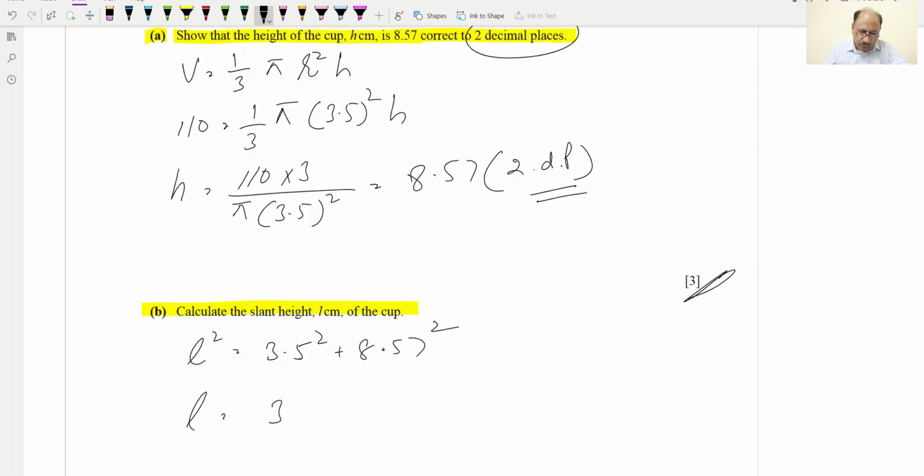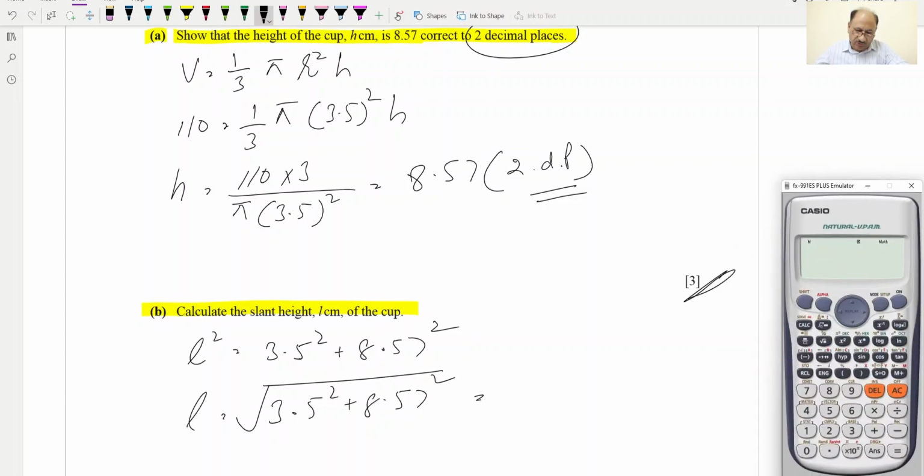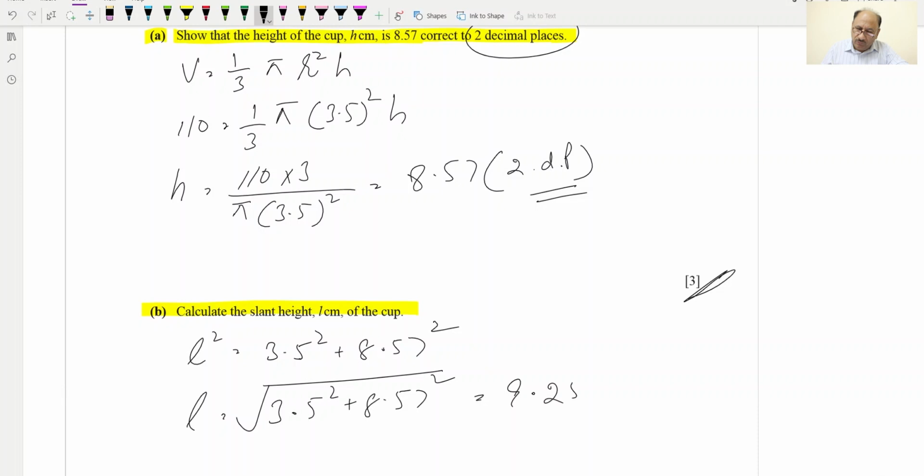So L will be equal to square root of 3.5 squared plus 8.57 squared, and we can find this by the help of calculator. This will be equal to 9.257, and up to 2 dp we can write 9.26 up to 2 dp.